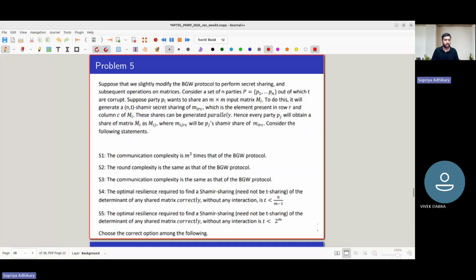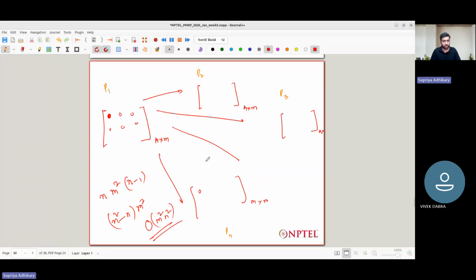So option S3 is actually true. That is, the communication complexity in this protocol is the same as the BGW protocol would have. Sir, why? The communication complexity is m square n. Yes, m square n square for this case.